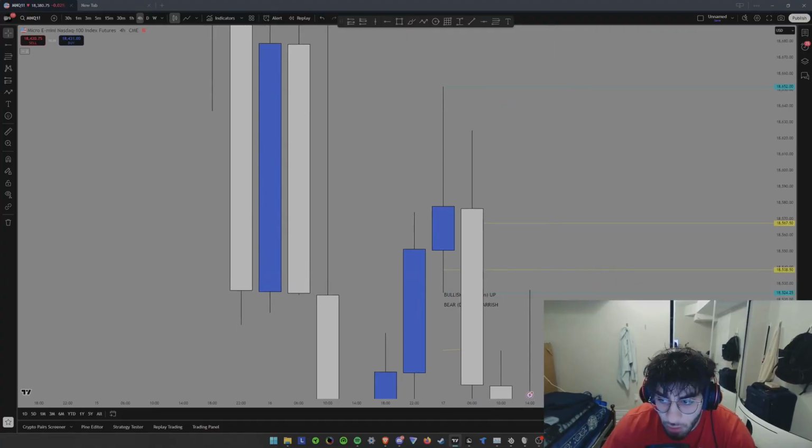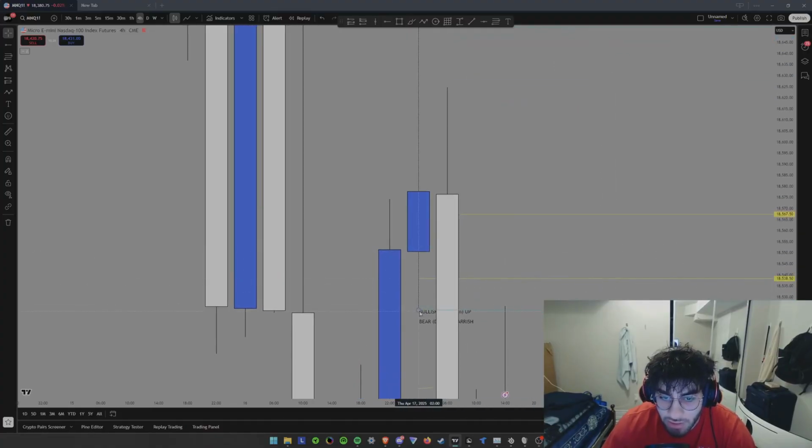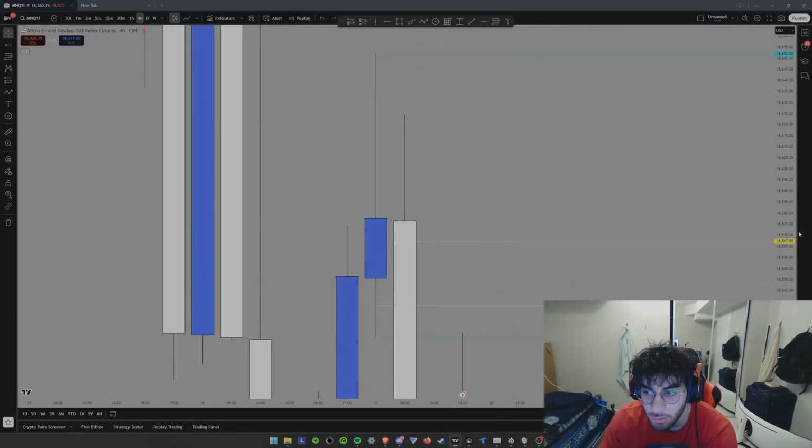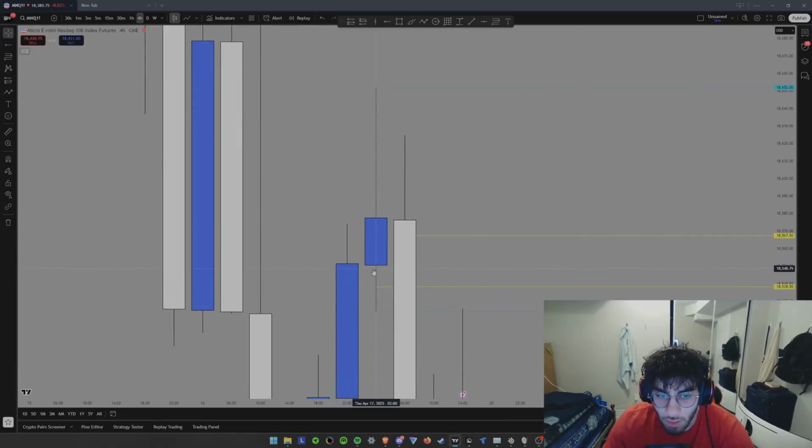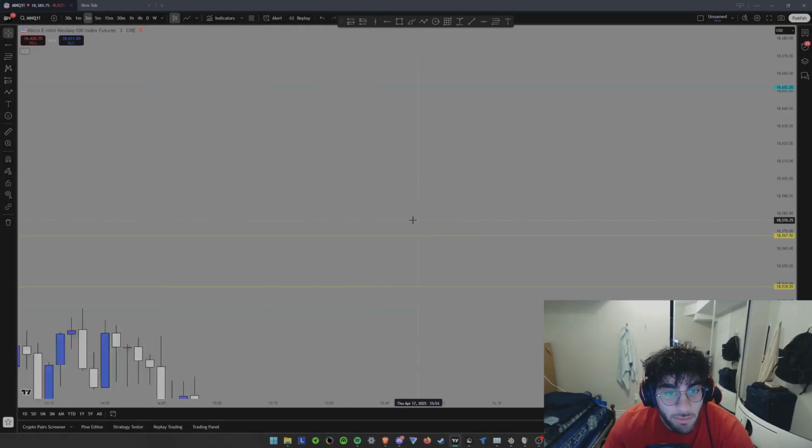So this was the lowest point of the candle, right? You see, I'll get rid of this for now. I'll get rid of this too. I'll get rid of this. This is the highest point of the candle, right? This is the lowest point. Now, I don't know what is wrong with the body. Maybe it's bugging a little bit. Let me check it back on the 5-minute.